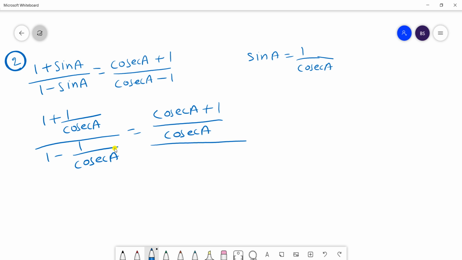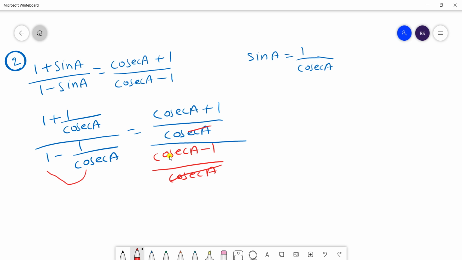And whole divide by 1 minus 1 by cosec a. So here I will take the LCM, so it will go at this position, and I will write here (cosec a minus 1) divide by cosec a.